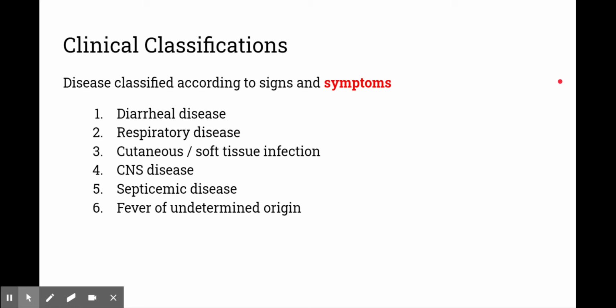They can cause cutaneous or soft tissue infection, such as leishmaniasis. They can cause central nervous system disease, such as so-called mad cow disease. Septicemic disease causes infection. Think about sepsis. And then the so-called fever of undetermined origin, kind of that miscellaneous category.